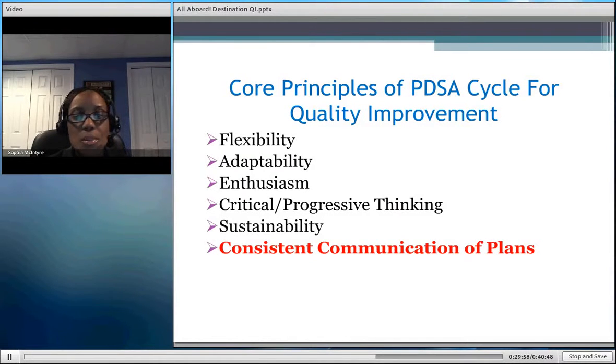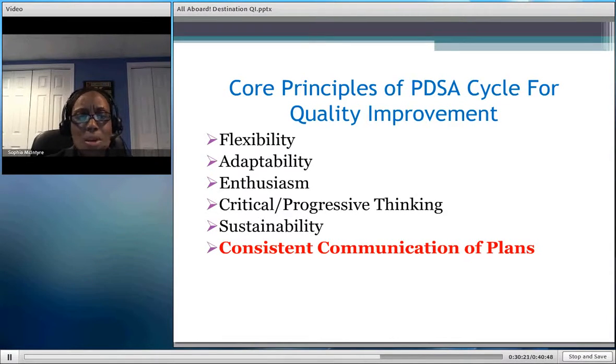So what are some core principles for quality improvement? Flexibility, adaptability, enthusiasm, critical progressive thinking, sustainability, and consistent communication of plans.